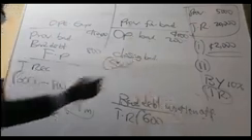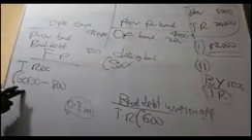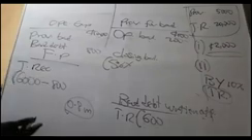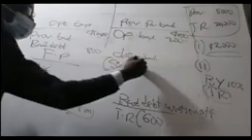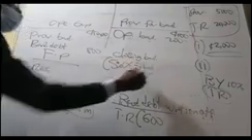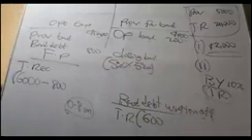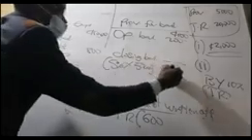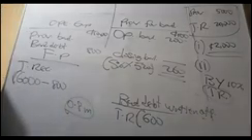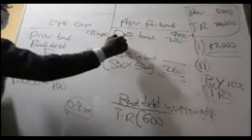It will no longer be 6,000. It will be 5,200, the remaining balance. So 5% times 5,200 will give us 260. You are done.